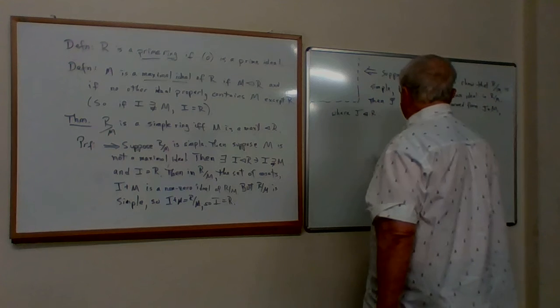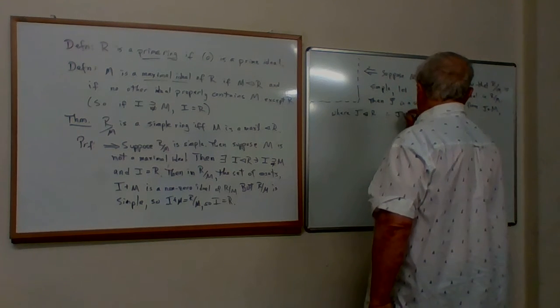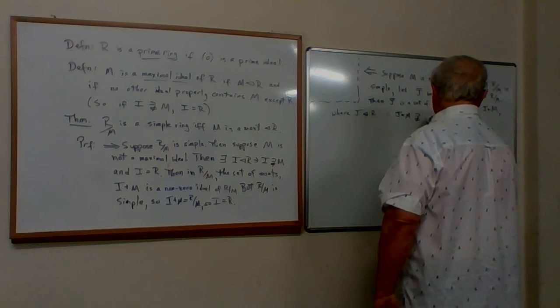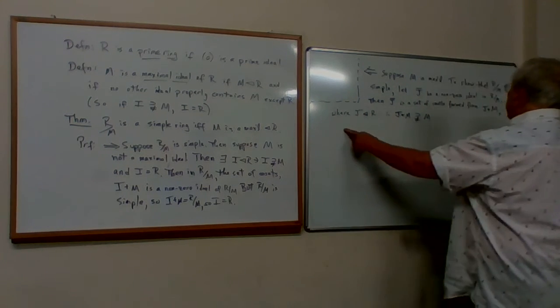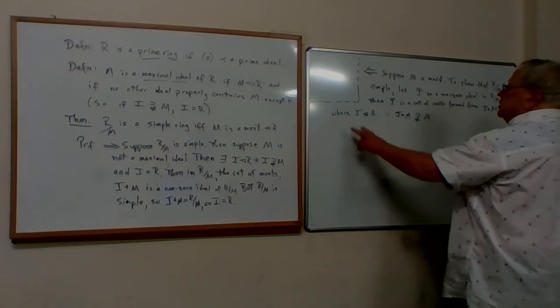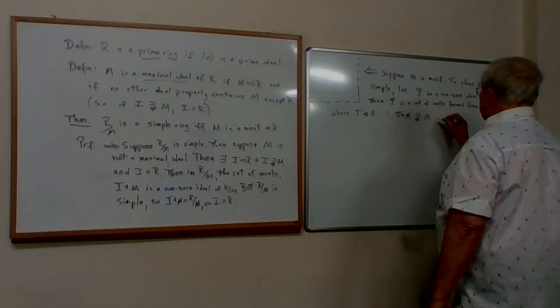But now what's wrong with that? Therefore, J plus M contains and is not equal to M, because J bar is a non-zero ideal in R mod M, so J plus M has to contain M properly.